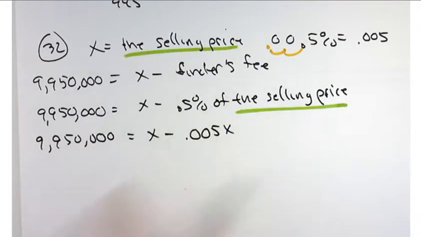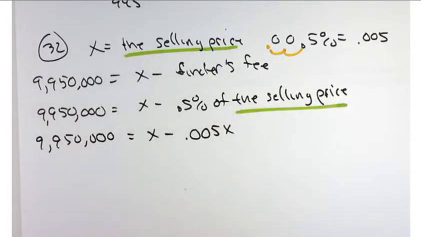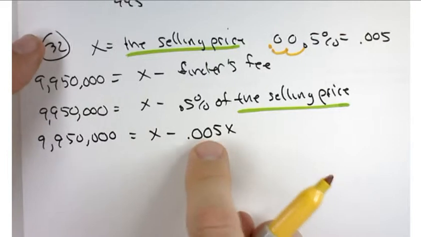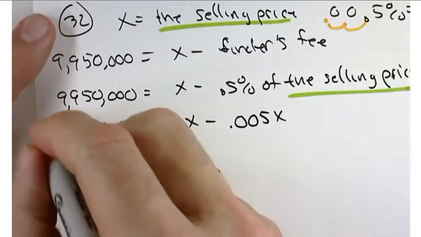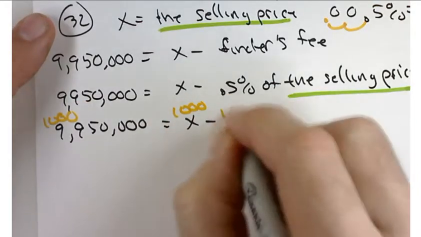So, I mean, if you get this far, that's a good chunk of partial credit. Because it's just challenging to come up with the equations here. And I encourage you to do as much as you can. And I'll be as generous as I can with the partial credit. Let's multiply everything through by what? What's going to get rid of the decimal here? 1,000. So times by 1,000, times by 1,000.